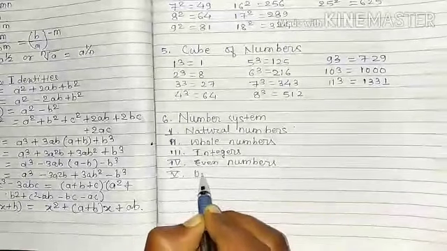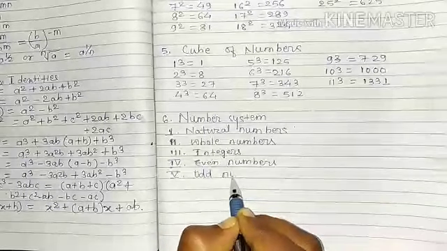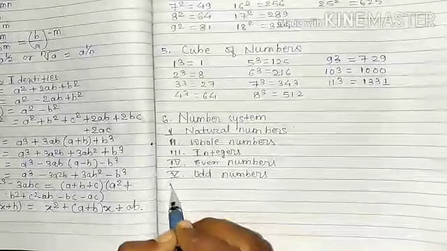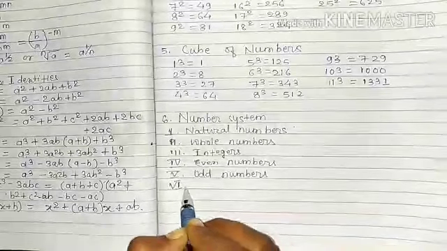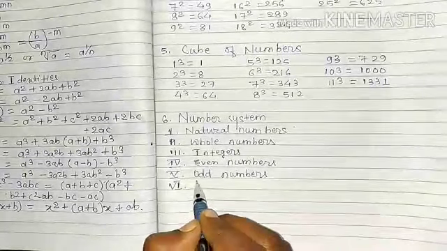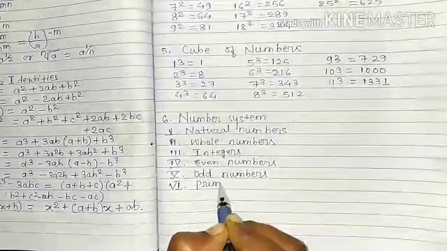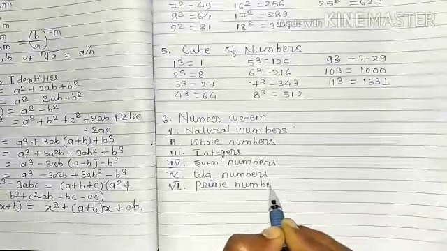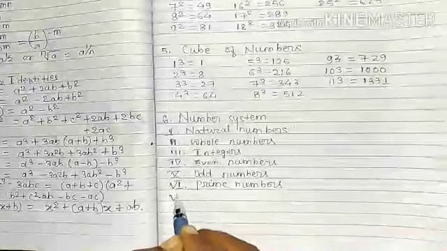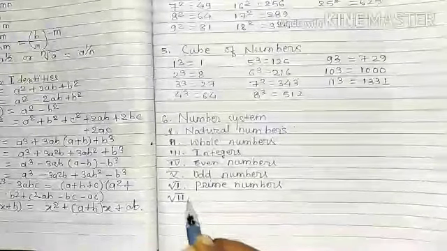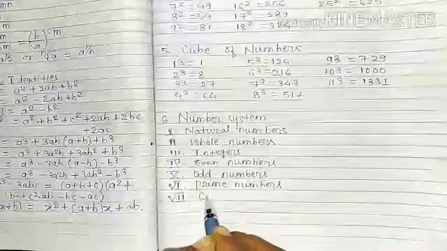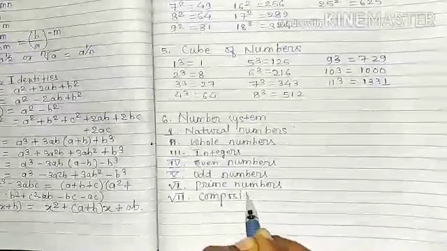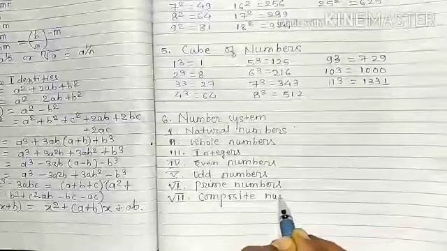Fifth, odd numbers. Sixth, prime numbers. Seventh, composite numbers.